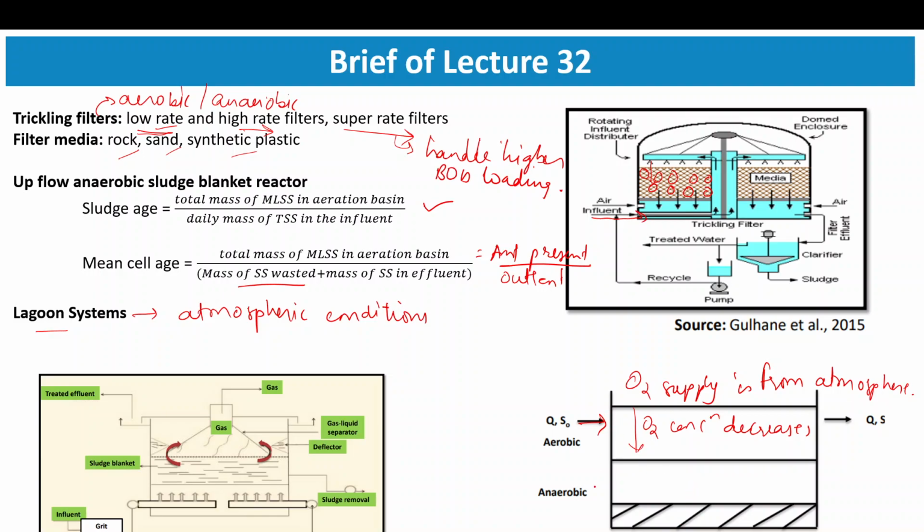So this is a combination of aerobic and anaerobic conditions, and the mass balance is shown to you in the lecture, where you do it separately for each, or you can combine them also.